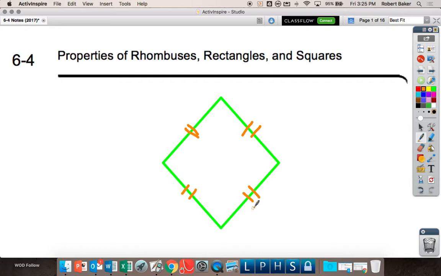Okay, so at the minimum level, if I ask what makes a four-sided figure a rhombus, it's if it has all four sides the same length. If it has four congruent sides, it is a rhombus. So this shape is a rhombus, but it's also a parallelogram. Are these two opposite sides congruent?